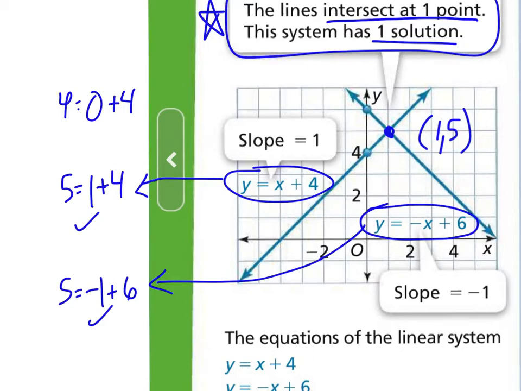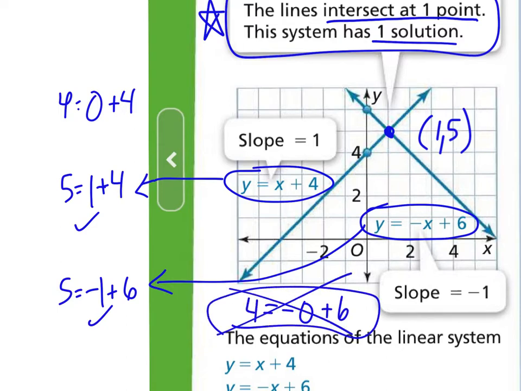But if you try 0 and 4 in the other equation, that does not work. So the only thing that works for both equations is putting a 1 in for x and putting a 5 in for y. And you can see that because that's where those graphs intersect each other. That's the solution then to that system of linear equations.